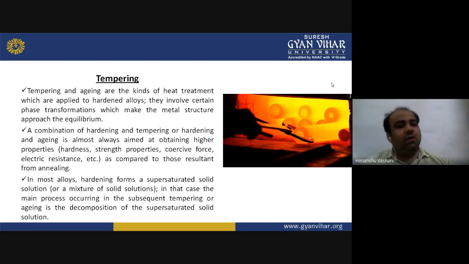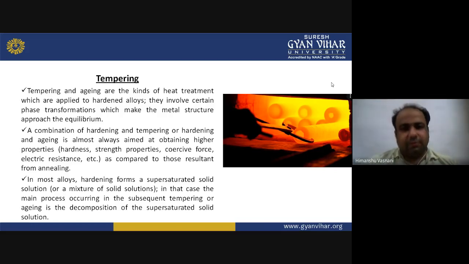Now, a combination of hardening and tempering, or hardening and aging, is almost always aimed at obtaining higher properties like hardness, strength, coercive force, electric resistance, etc., as compared to those resulting from annealing.